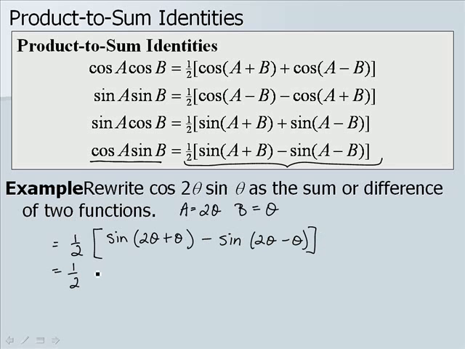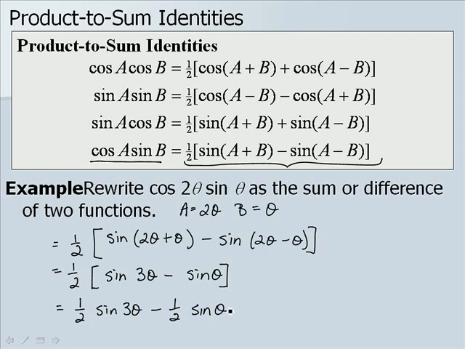So that will be 1/2 times the sine of 3 theta minus the sine of theta. So all I'm going to do here is distribute my 1/2, and I get 1/2 sine of 3 theta minus 1/2 sine of theta. And that's how they want us to rewrite it.